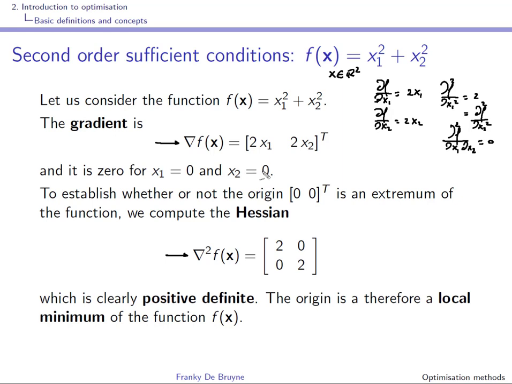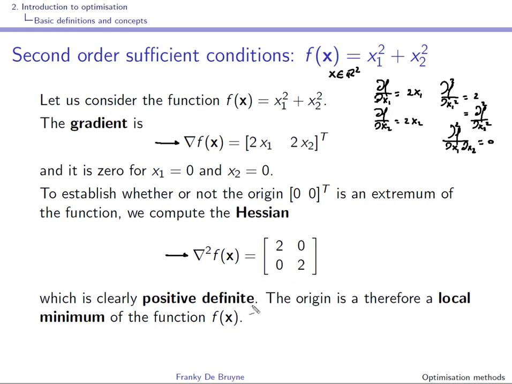So that's the origin. So to see if this critical point is a minimum, maximum, or saddle point, what we have to do is to evaluate the Hessian at the origin. But as you can see, the Hessian is independent of x1 and x2, so the Hessian, whatever the point, is always this matrix, and it's obvious here. And these are the diagonal elements, the pivots, they are both positive.